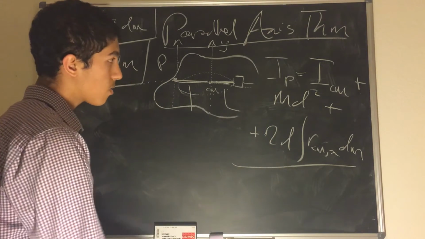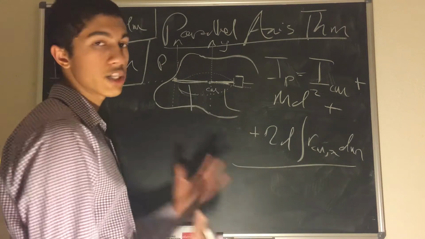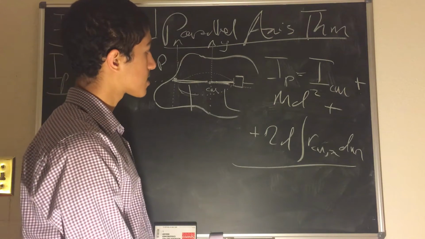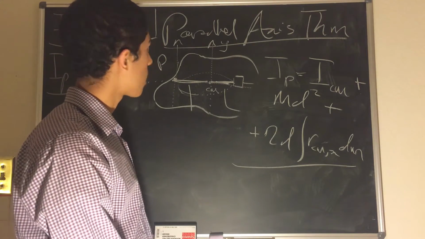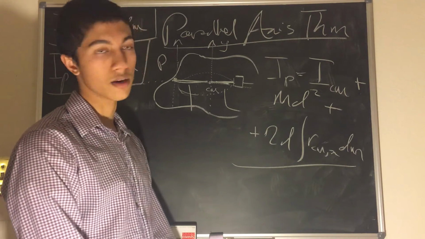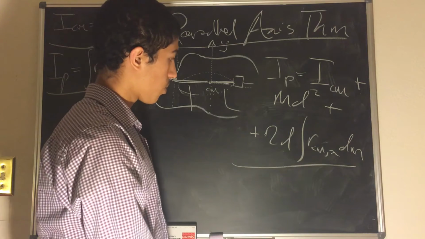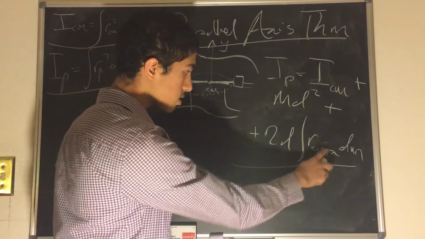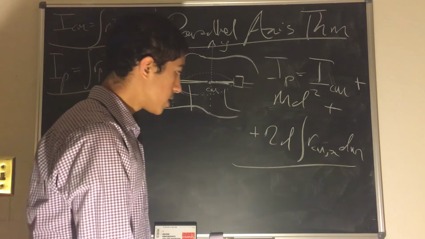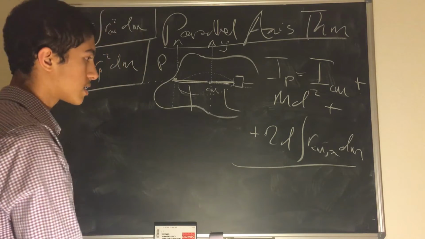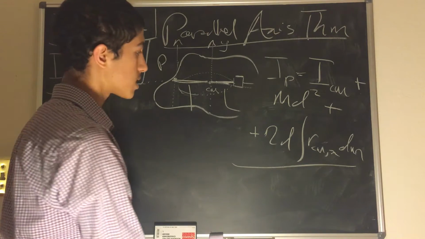Now we're achieving something that's vaguely familiar to our previously stated parallel axis theorem. It's just that we don't have this term over here. So what we would like to do is prove that this term is equal to 0. To do that, we must realize the significance of the center of mass.